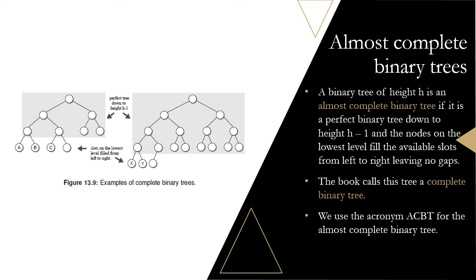And the same is true for the right tree. The first slot is filled in the last level, then the second slot is filled with Y in the last level, and now we are going to fill the third slot. So when a tree is filled in such a way that up to the point where it contains nodes there are no gaps, then this is an almost complete binary tree.